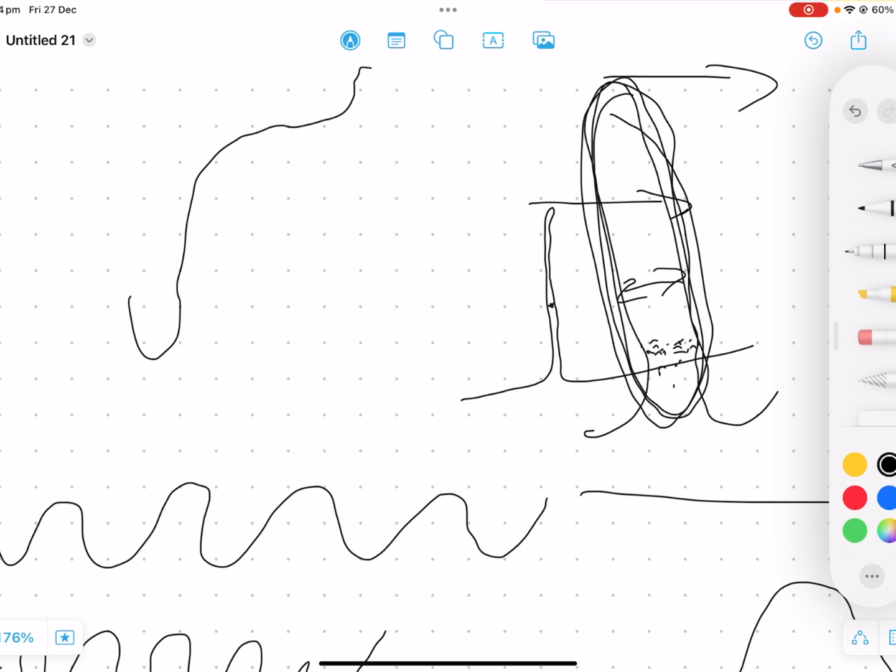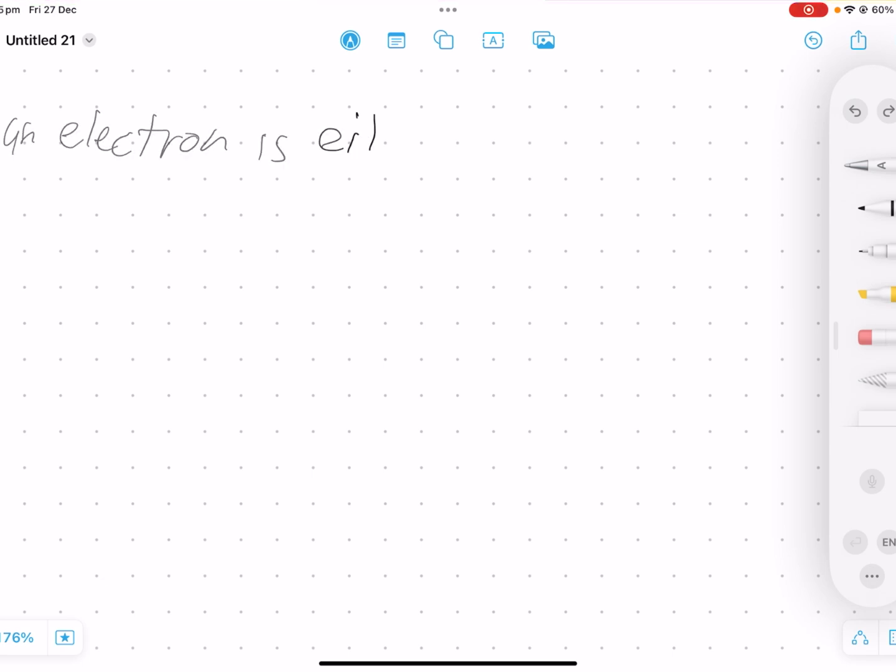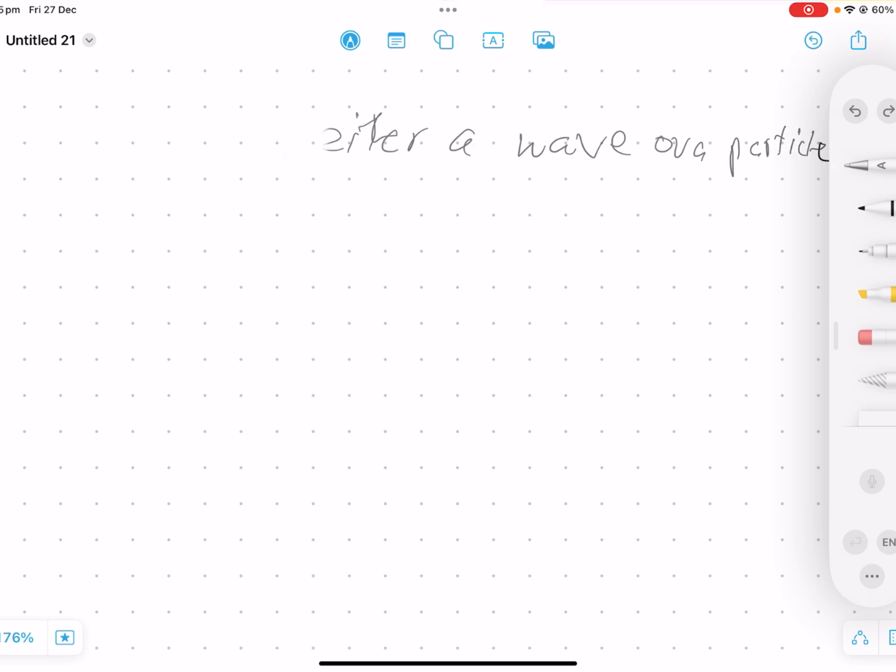So this is literally Heisenberg's uncertainty principle. An electron, I'll just write it down. An electron is either a wave or a particle.